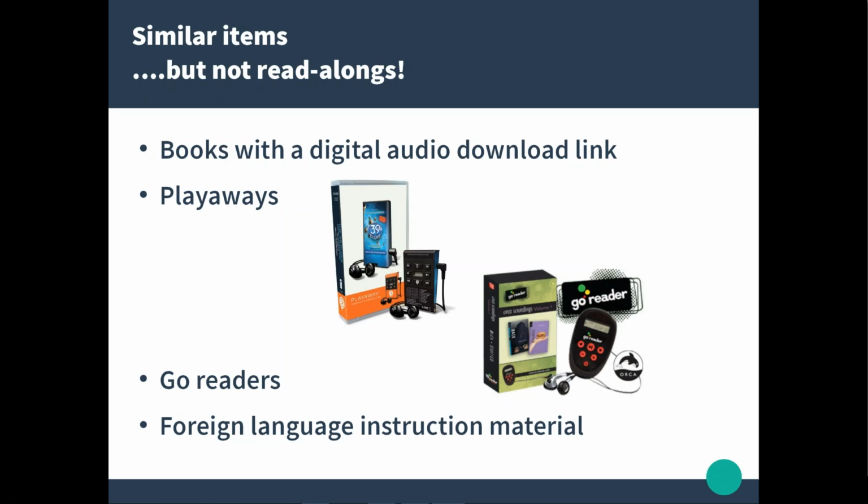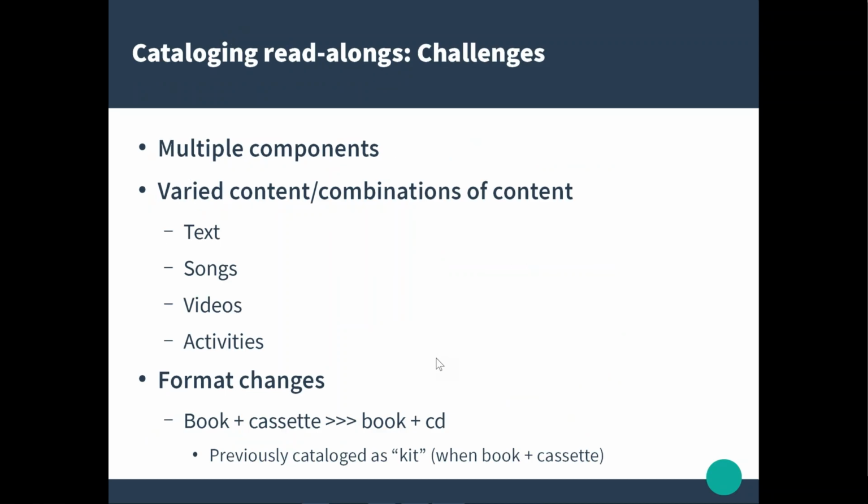So read-alongs are very much a book with a CD disc in there. One of the things that makes them difficult to catalog is that you have these multiple components and this varied combination of components. You can have texts, songs, videos, activities, and it's not always apparent, as with some of these other items like the foreign language material, what exactly is the main component.